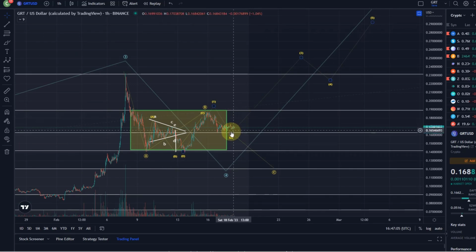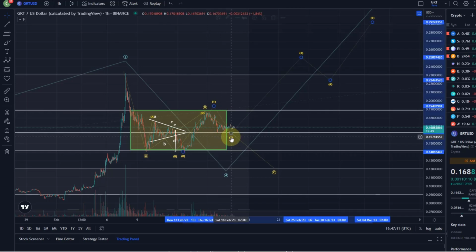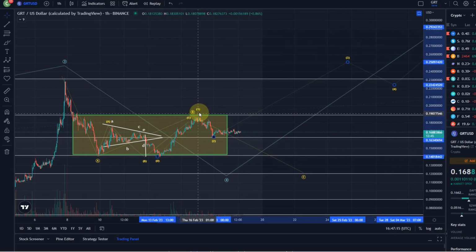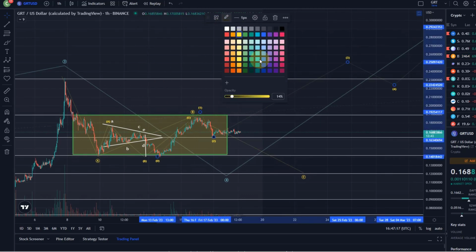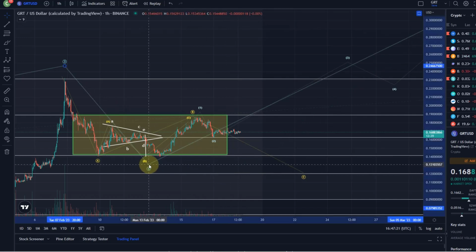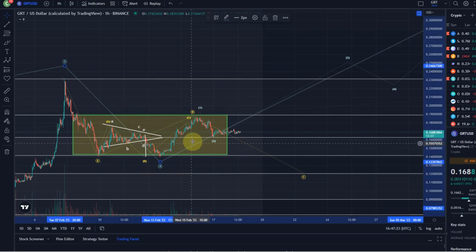Important would be to hold that 16.2 cent level, the last low. Then we have a possible 1-2 setup, because you could say we might have rallied here in a 5-wave move. By the way, I'm going to switch that to blue as well. The blue count is the imminently bullish one. You could say we moved up in a wave 1, came down in a wave 2, and could now rally in a third wave.